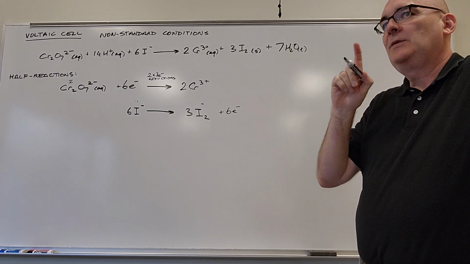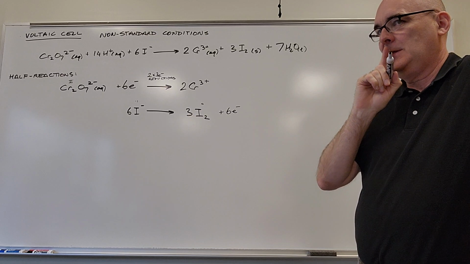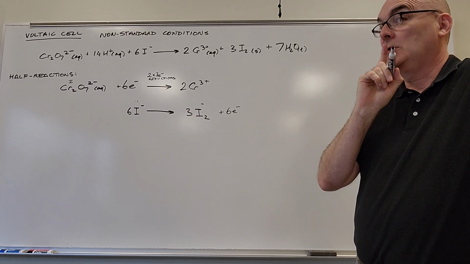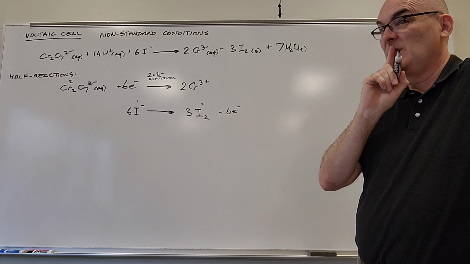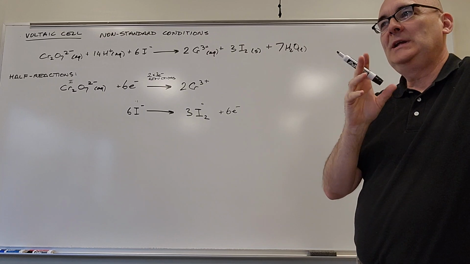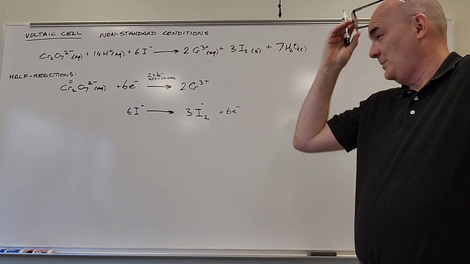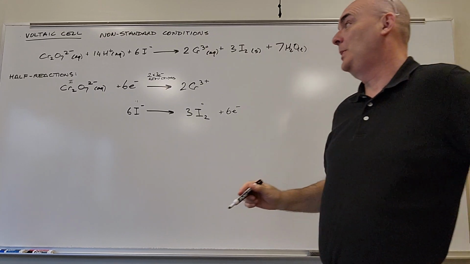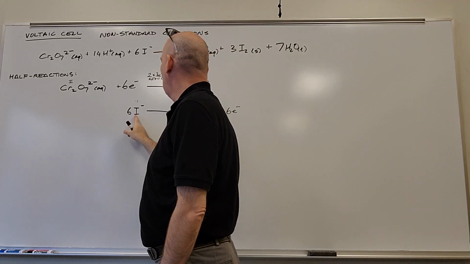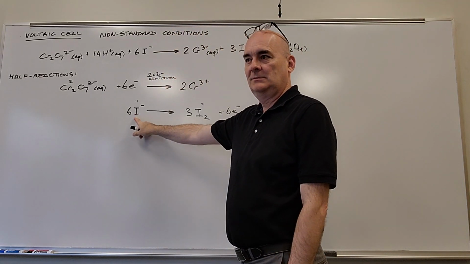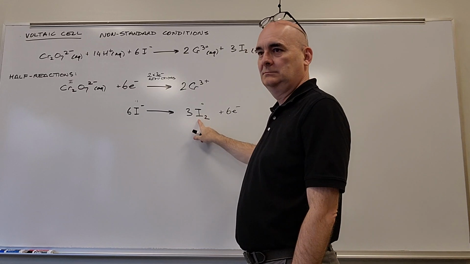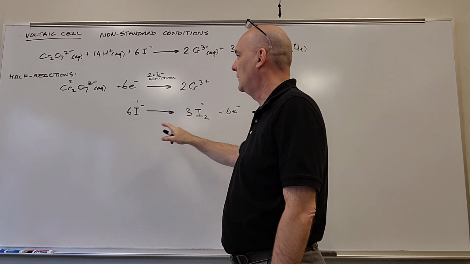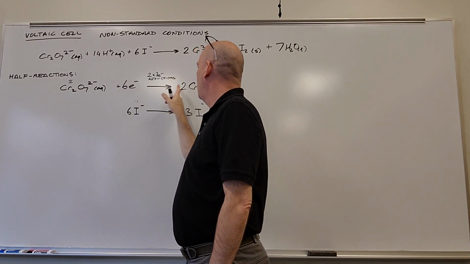We cannot leave it just as it is, because in half reactions we don't really need to balance, but I've accounted for all of these atoms, ions becoming atoms, this molecule, and I've accounted for all of them.